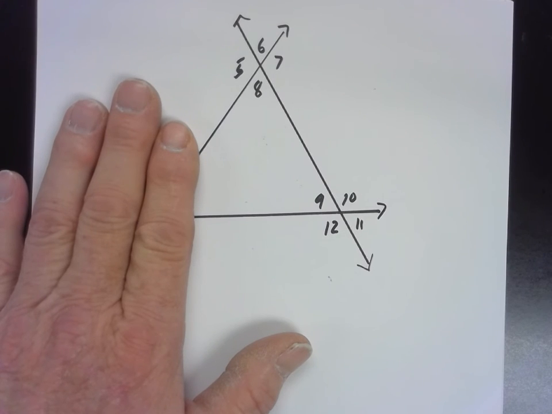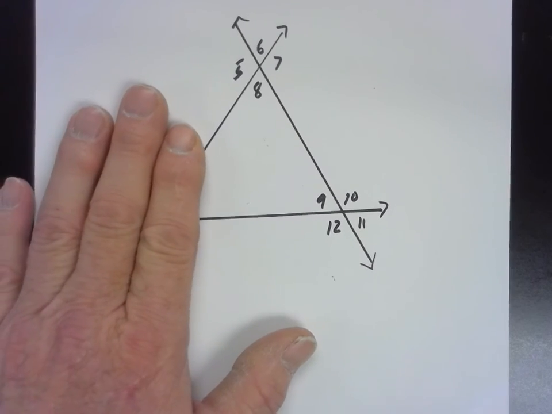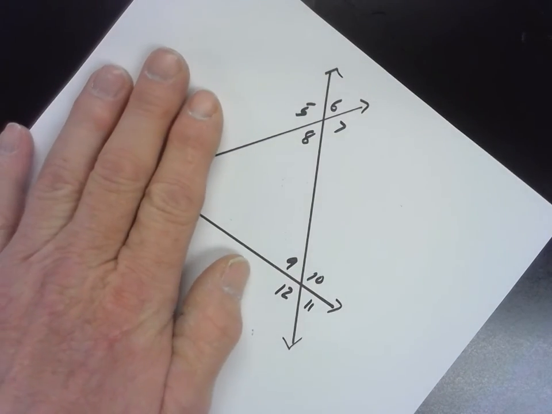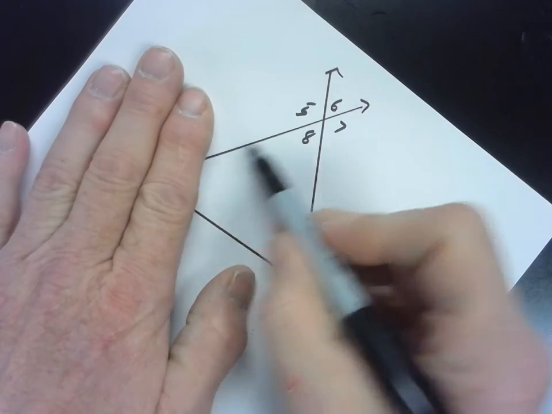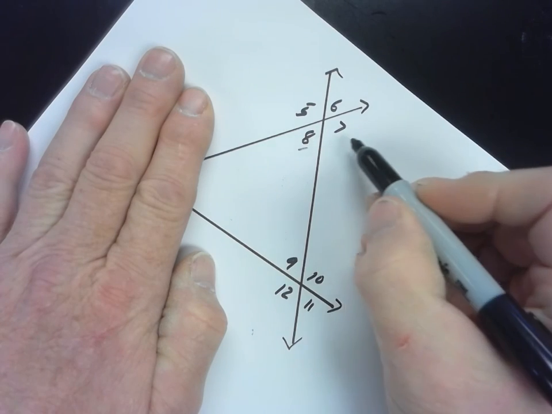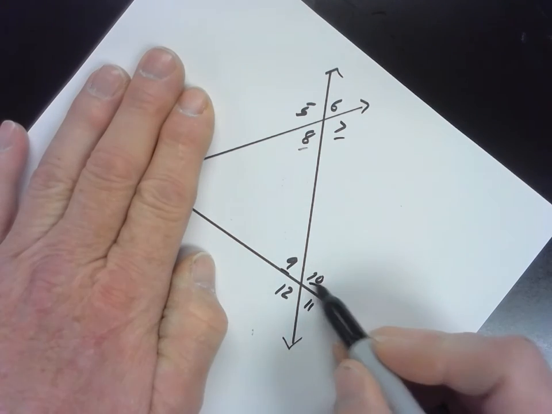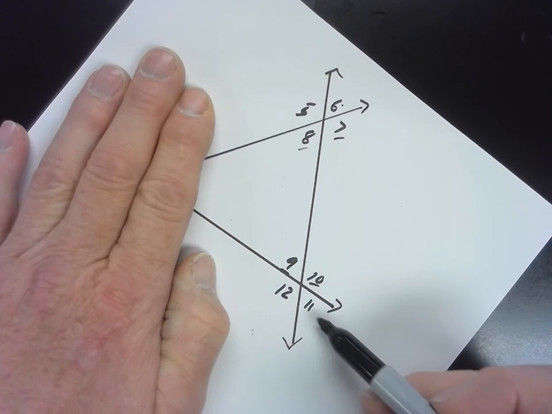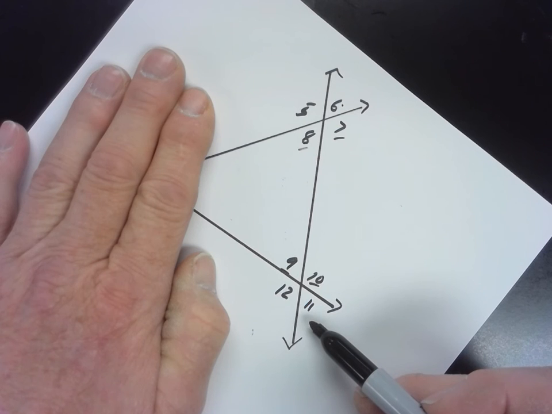I don't understand why they're not both exterior. Ooh, that's a good question. Well, let me turn this a little bit here. So if I look at my two lines with my transversal, I would say 8, 7, 9, and 10 are interior. You guys agree with that? And then 5 and 6 and 12 and 11 are exterior.